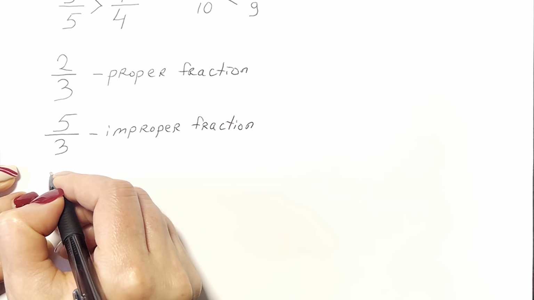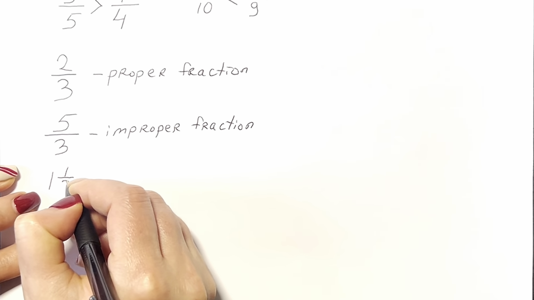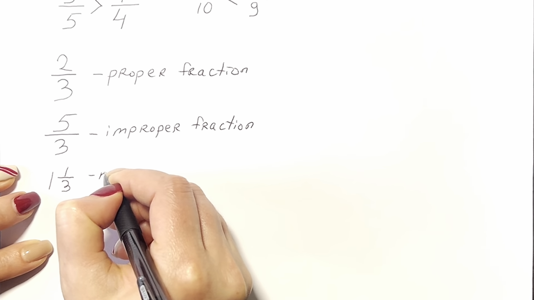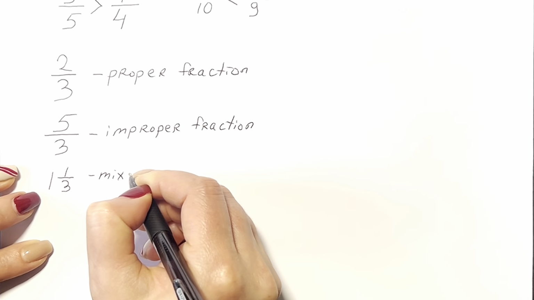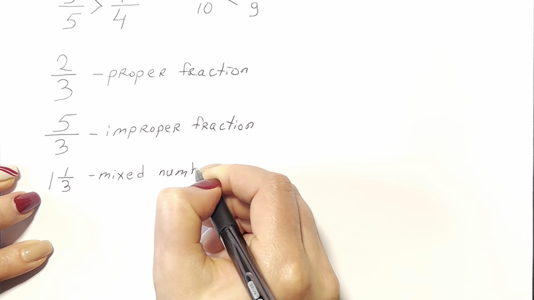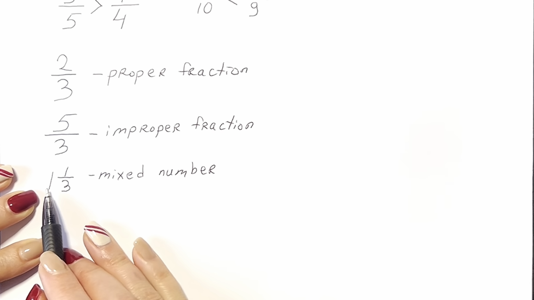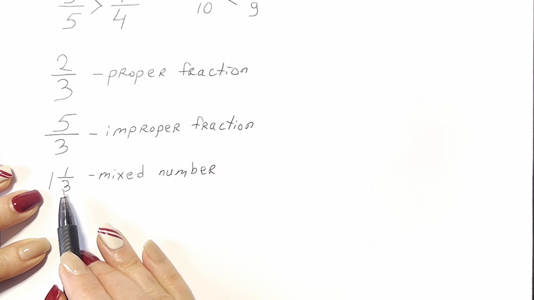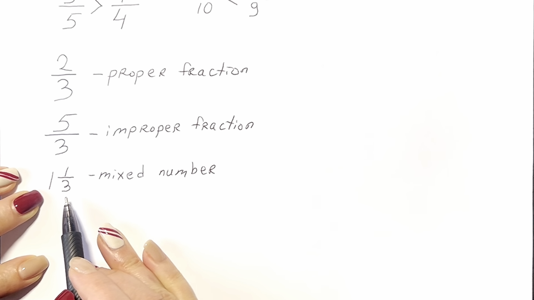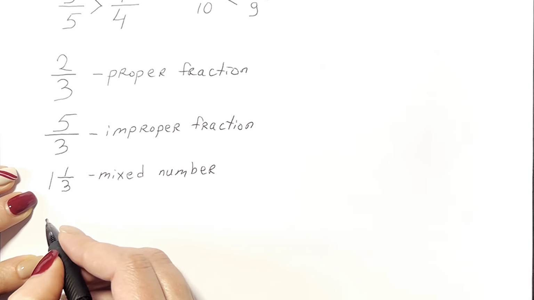And we have mixed numbers. A mixed number has a whole number and a proper fraction in it. It's called a mixed number.